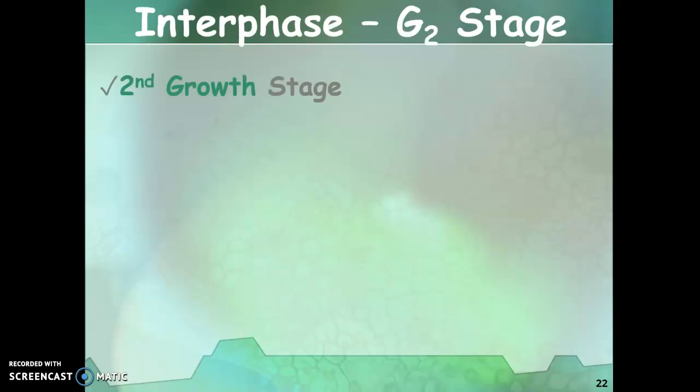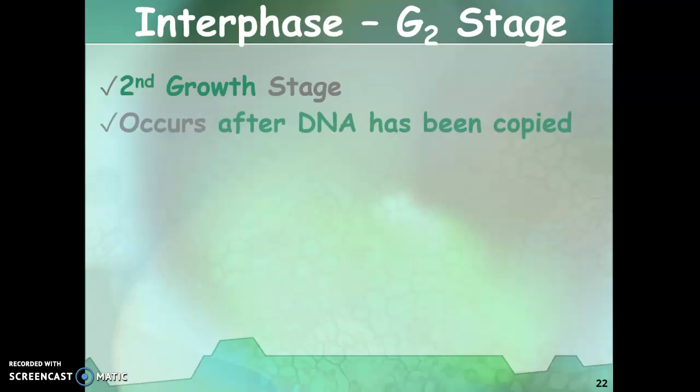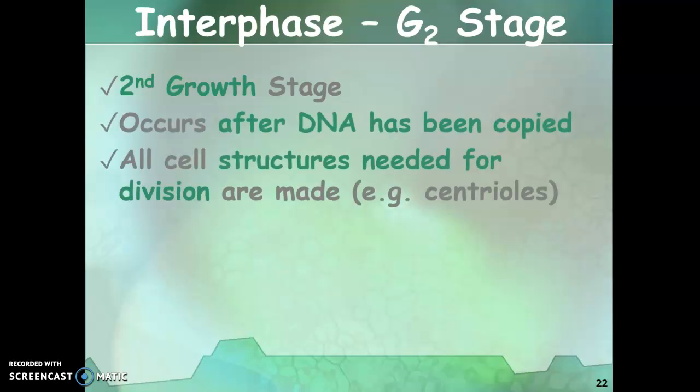Then the cell enters the G2 phase, which is the second growth stage. That occurs after the DNA has been replicated or copied. And now all the structures needed for division are made. For example, centrioles. Centrioles are the little organelles in the cell that later on in mitosis make the spindle fibers.